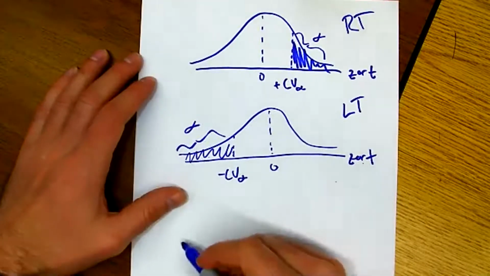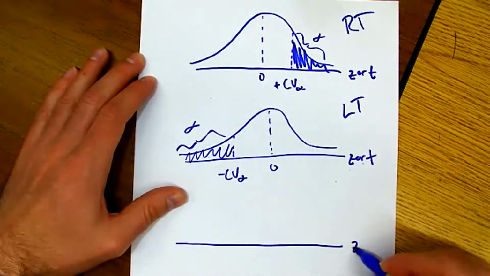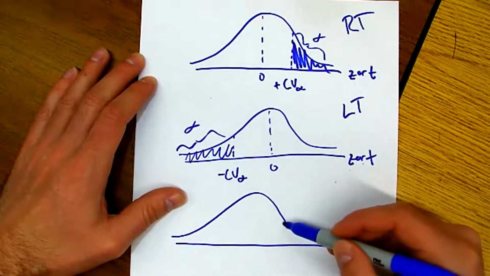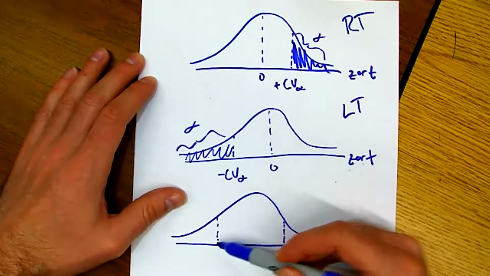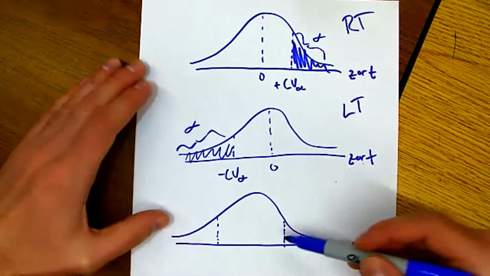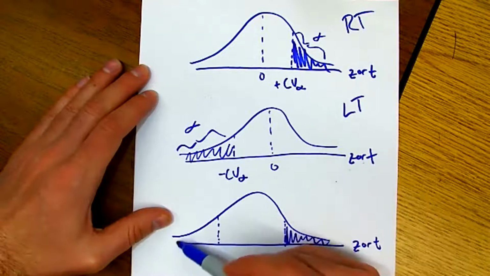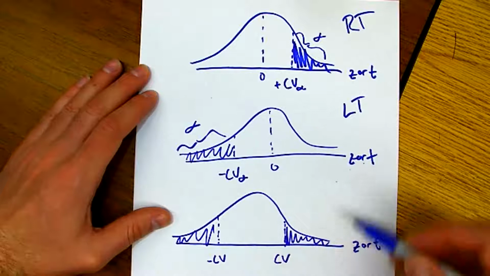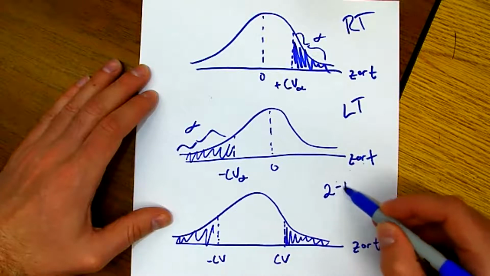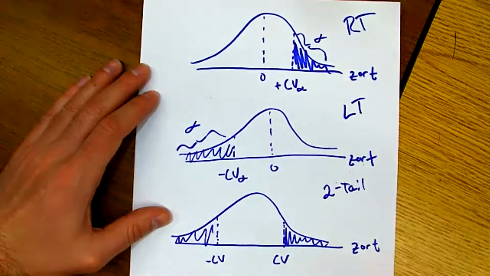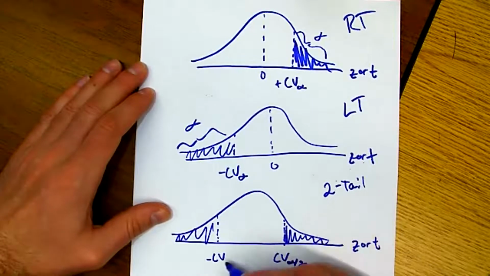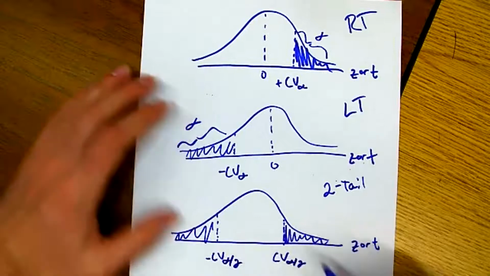For a two-tail test, it throws a little bit of a wrinkle. It doesn't matter if we've got a z or a t distribution, because I need there to be an area of alpha total in my tails. So I'm actually going to have two critical values for this two-tail test. One's going to be positive, one's going to be negative, but it'll be the value that gives me alpha over 2 in each of these tails.